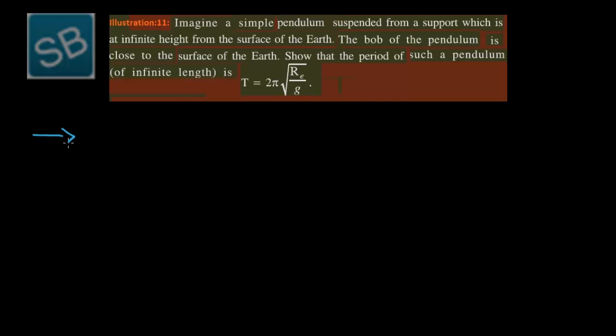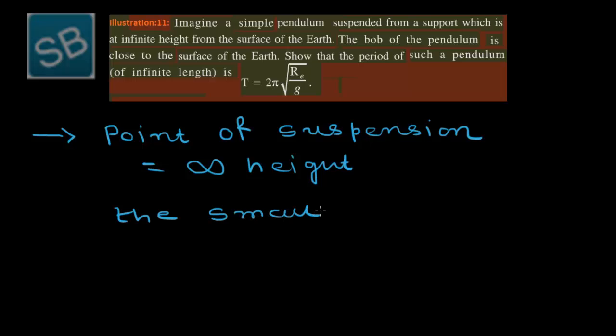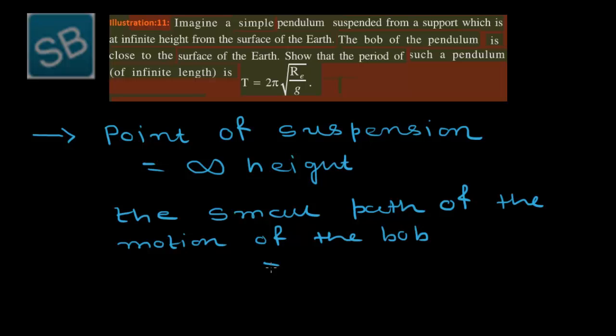Now, since the point of suspension is at infinite height from the surface of the earth, the small path of motion of the bob can be considered as a linear motion or linear path.